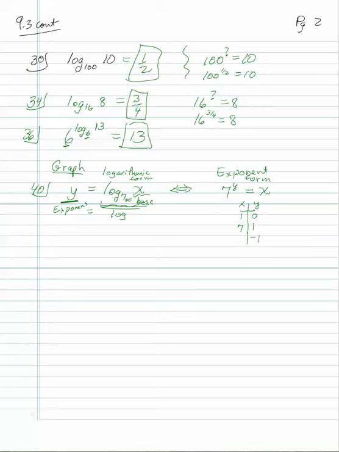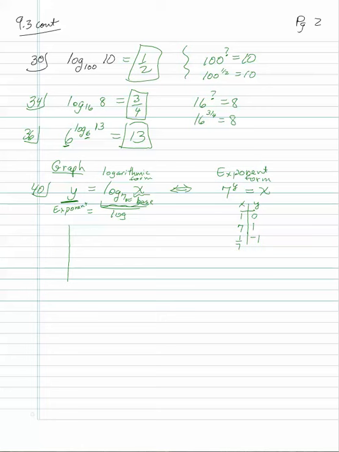Or I can think of it as the inverse function and then switch the x and y's. You could do it that way too. So if I do 7 to the negative 1, that's 1 over 7. And if you go back and look at 9.2, like the one we did, x equals 2 to the y, it's the same idea.